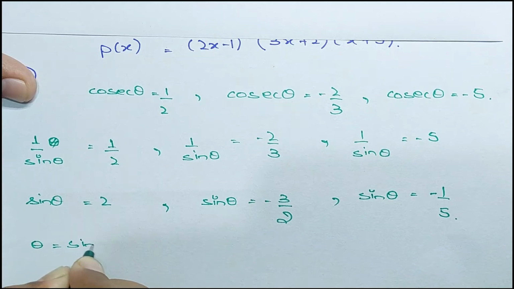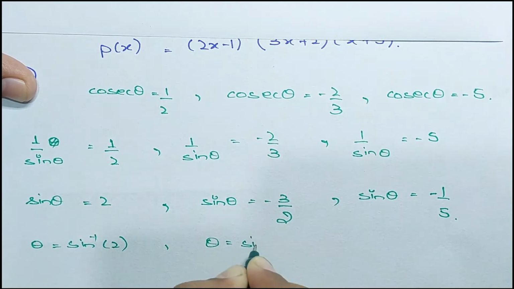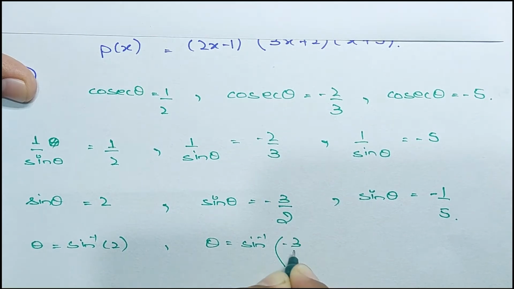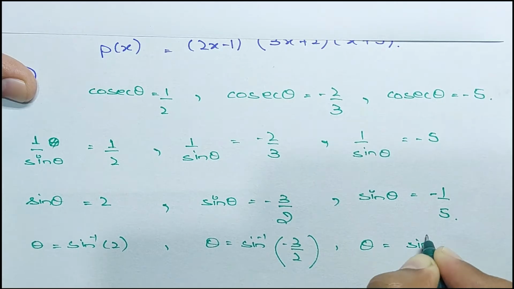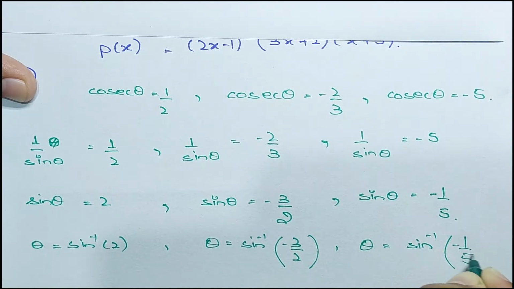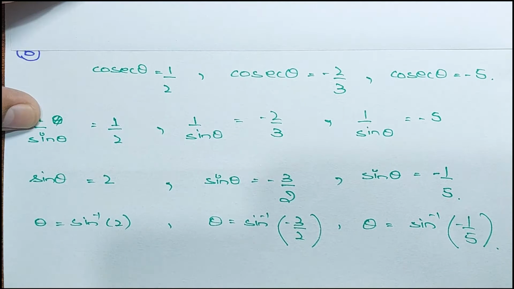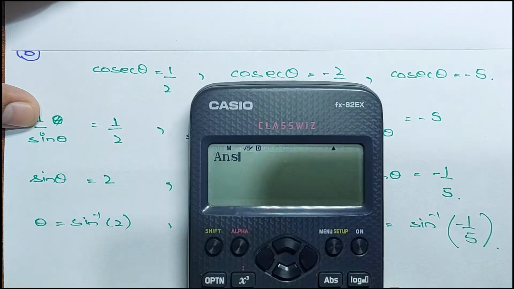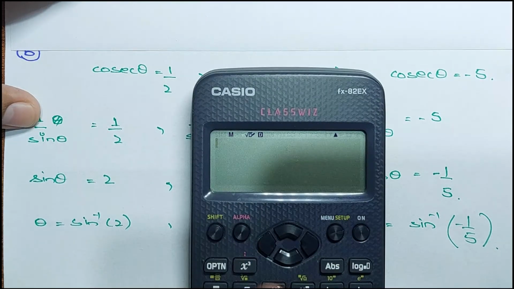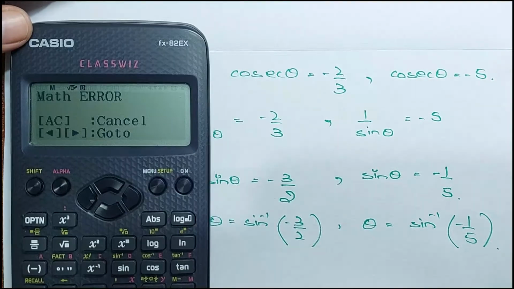Theta is sine inverse of 2. Here theta is sine inverse of negative 3 by 2. Here theta is sine inverse of negative 1 by 5. Alright. Let me solve this. It must be in degrees, so my calculator is in degrees. Sine inverse of 2 does not exist.